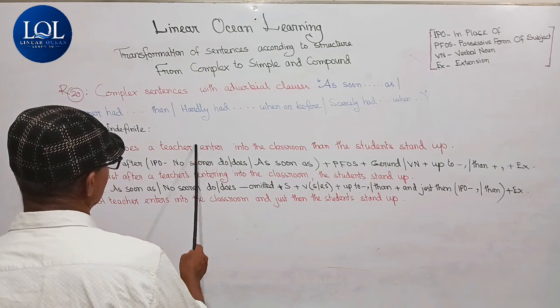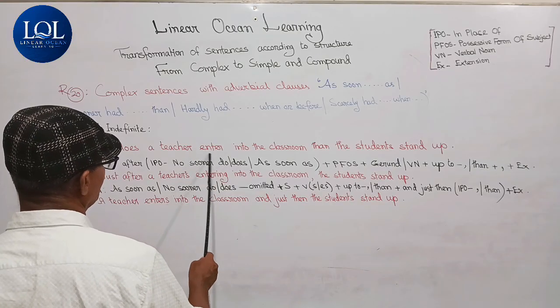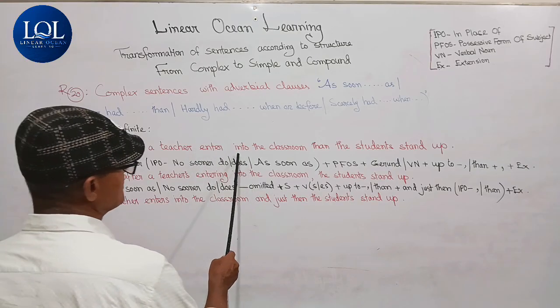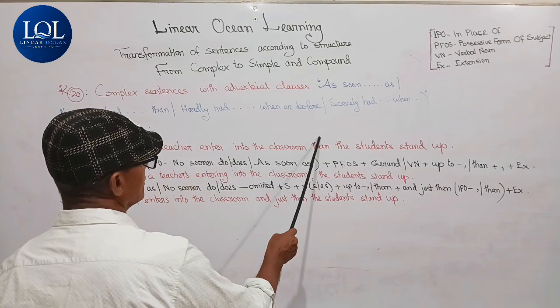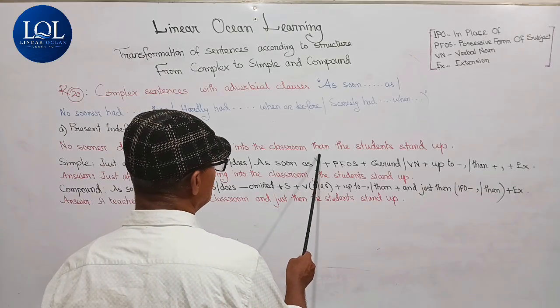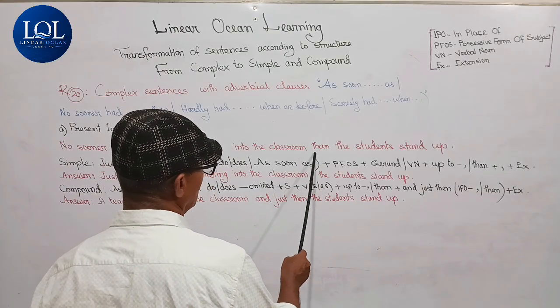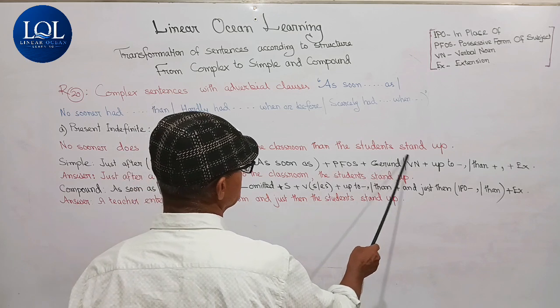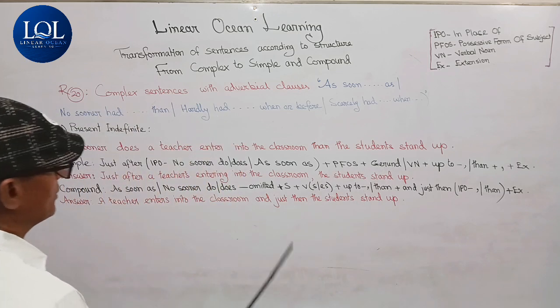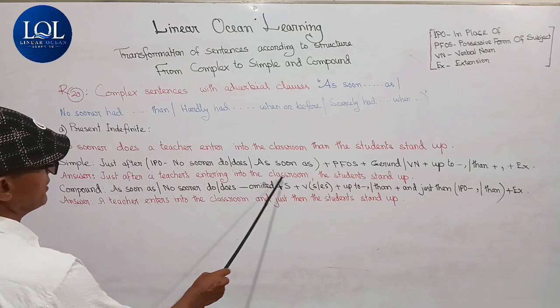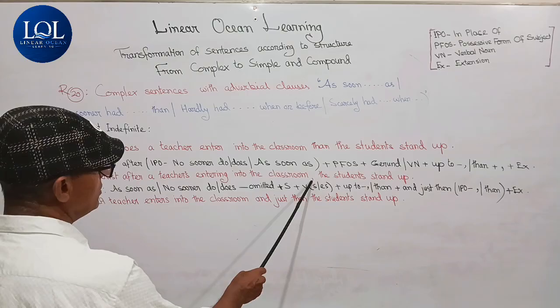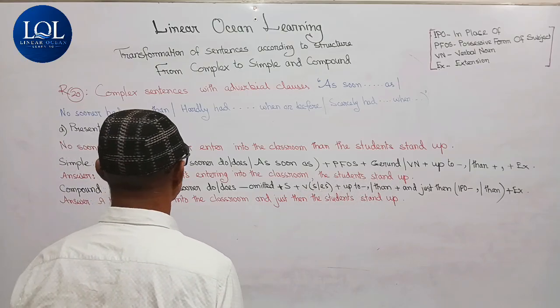So enter is the verb here and its gerundial form is entering, plus up to comma or than, plus comma, IPO than or comma, plus extension, the students stand up. If we follow the structure, the simple sentence we will get is: Just after the teacher's entering into the classroom, the students stand up.